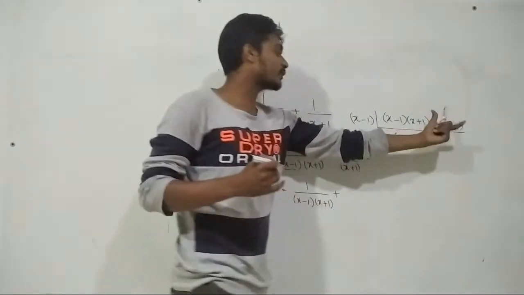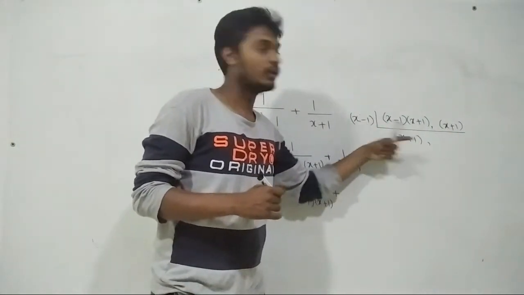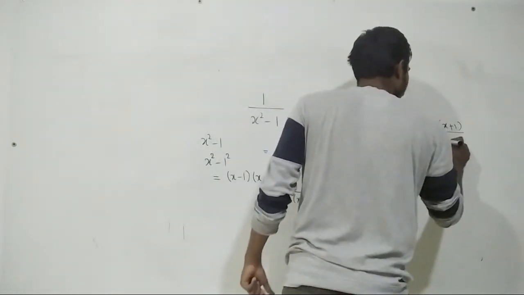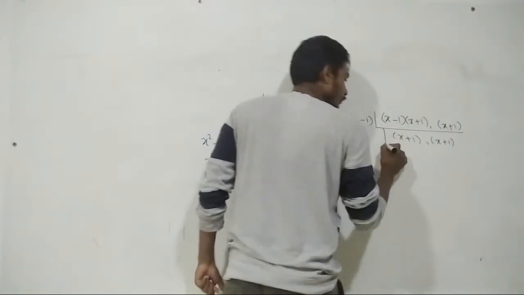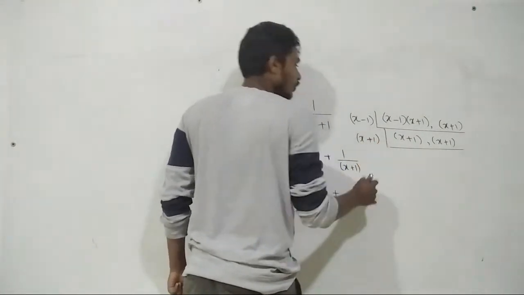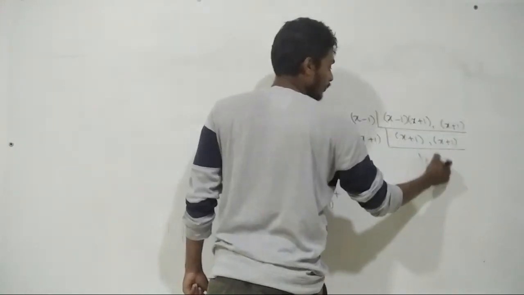Here x plus 1 cannot be divided by x minus 1, so you're going to have x plus 1. Now if you divide x plus 1 by x plus 1, you're going to have 1.